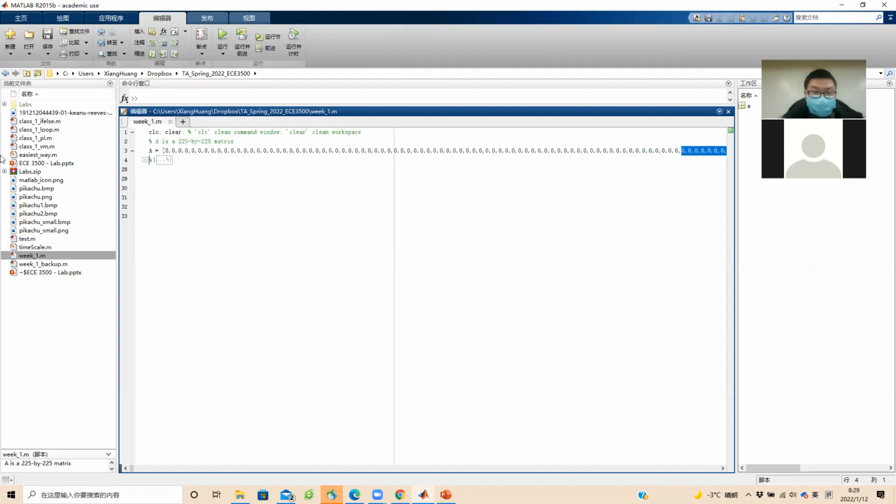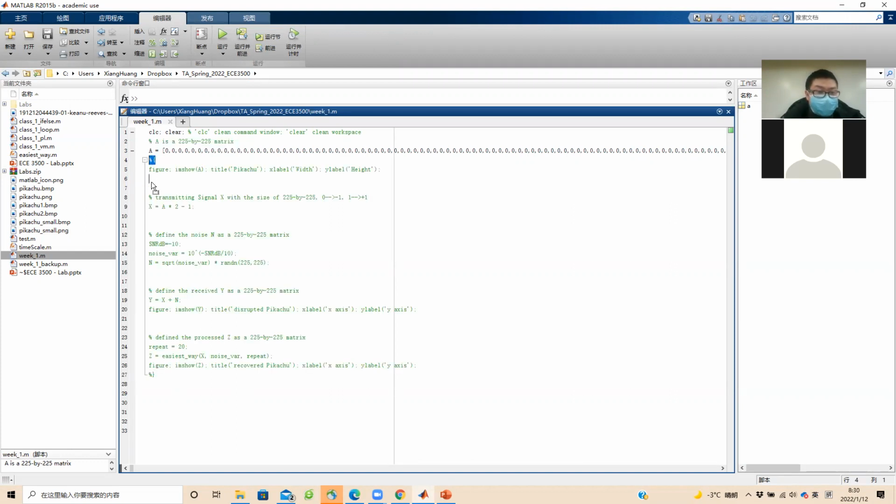MATLAB is a matrix laboratory, so the basic elements are vectors and matrices. Here I have defined a 225 by 225 matrix. You can't know what it means, right? Because it's just data. But I will show you in a proper way.